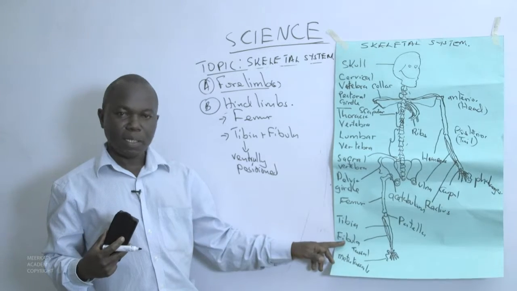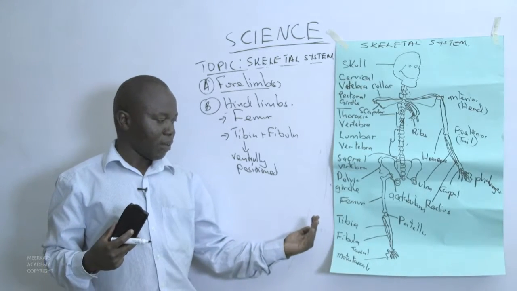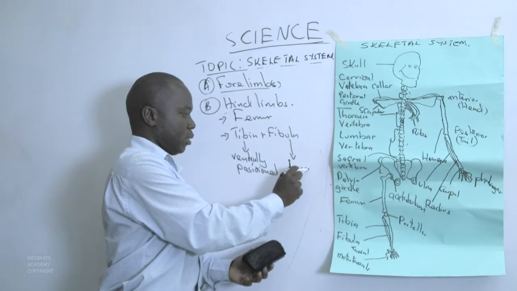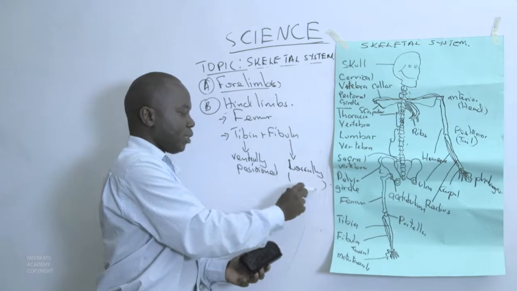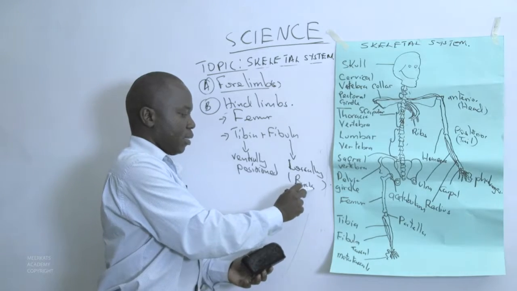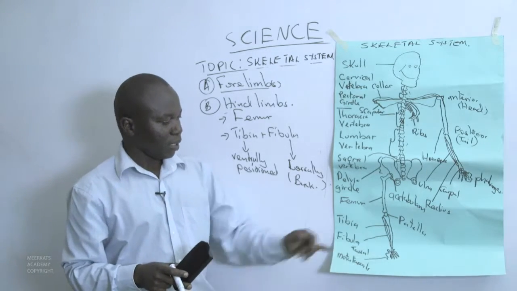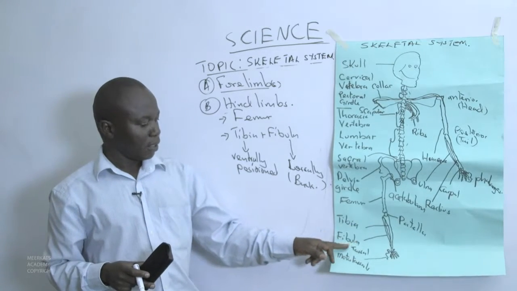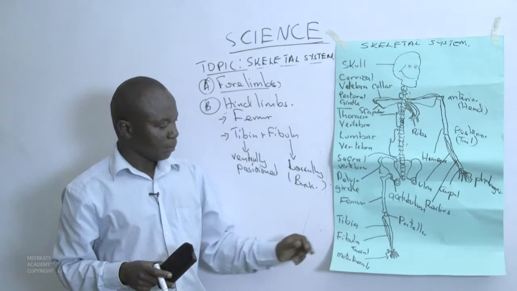But we have the fibula dorsally placed. Dorsally means at the back of the tibia. But tibia is usually larger in size than fibula.